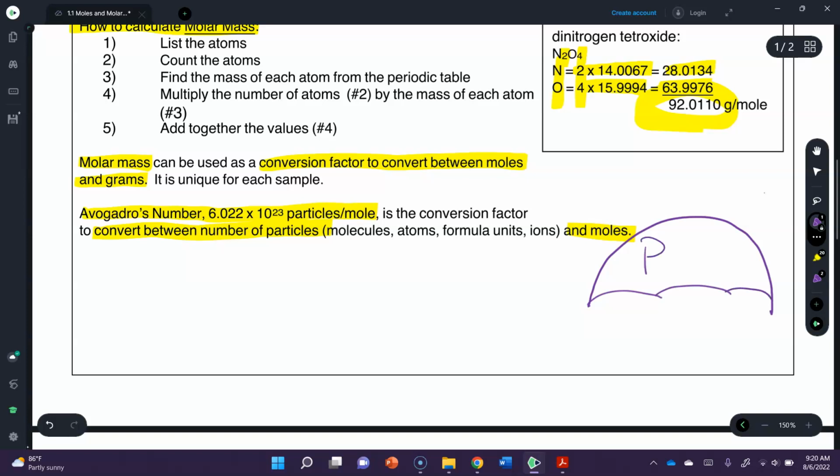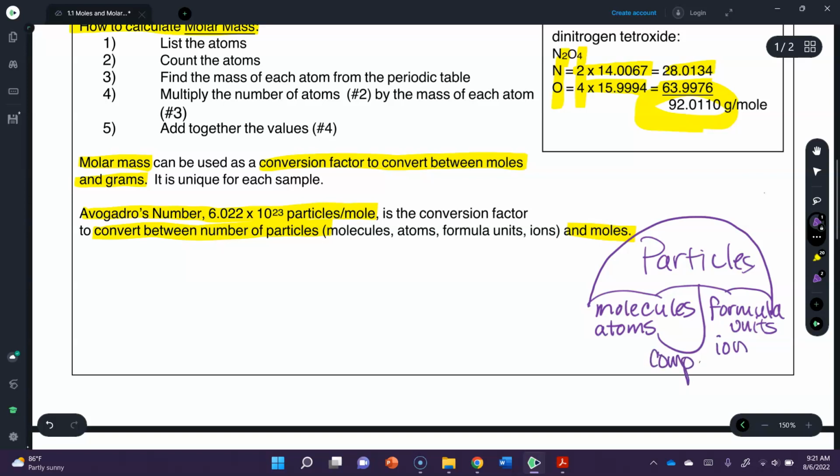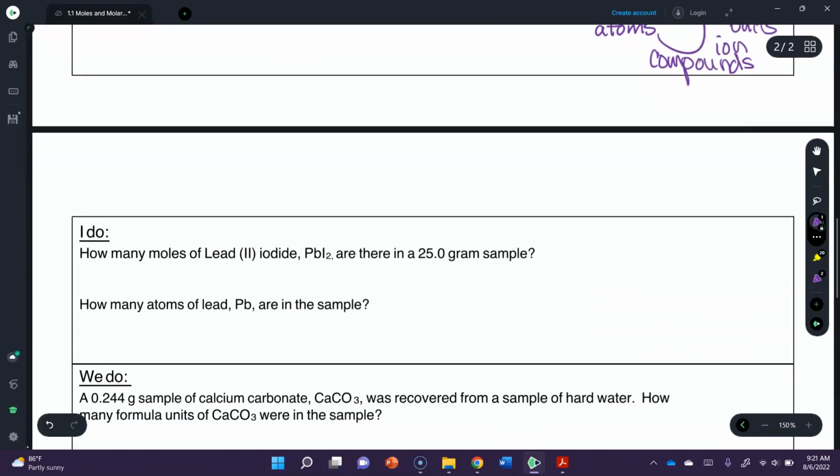Particles is a big umbrella that covers and encompasses the terms molecules, atoms, formula units, ions, and we can also add compounds in there. In chemistry, when we say particles, we can mean any one of these depending on what that specific substance is.